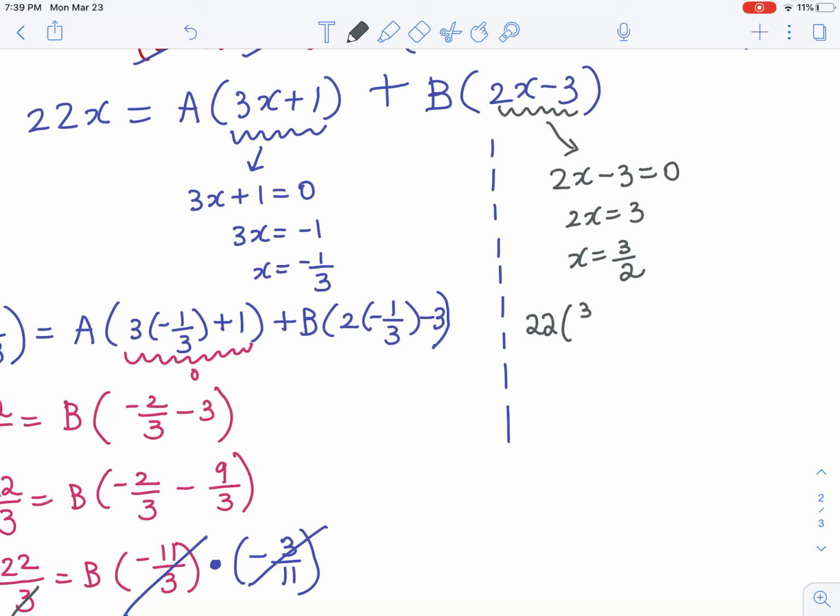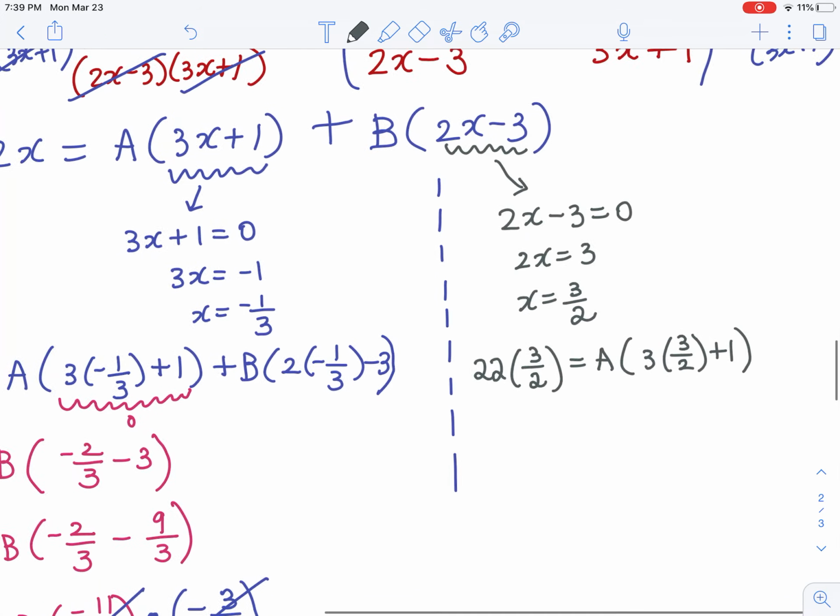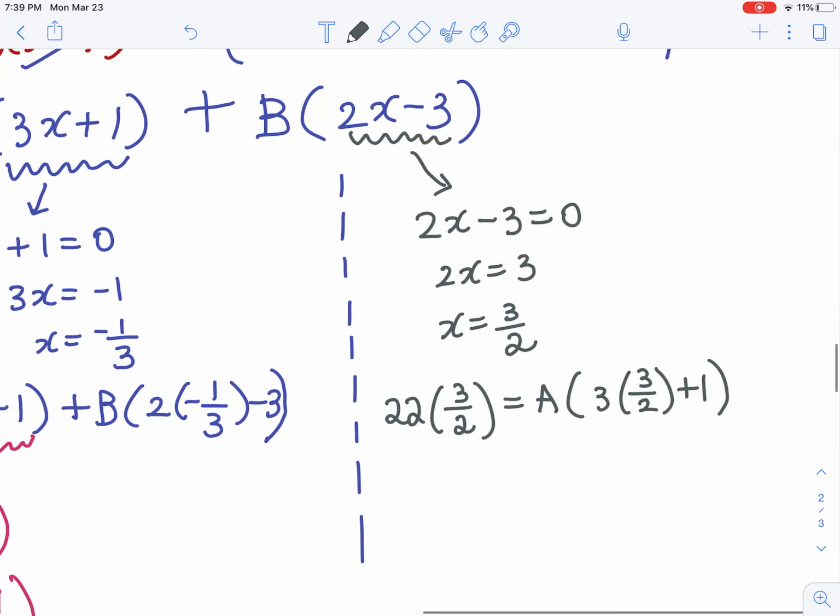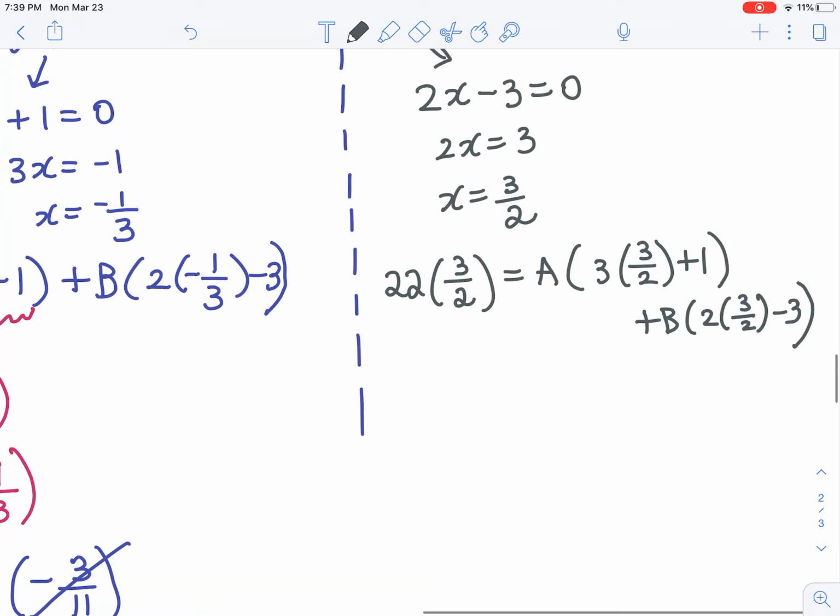All right, let's try. 22 times 3/2 equals a times 3 times 3/2 plus 1. Let me go over here. Oh no, I'm almost out of room. Plus b times 2 times 3/2 minus 3. But don't worry too much, because the b term will just turn into 0, right?